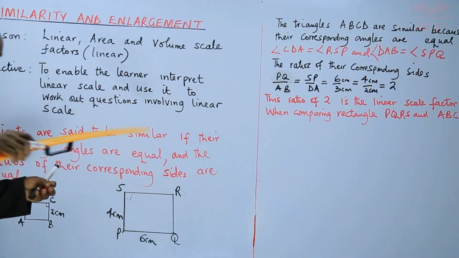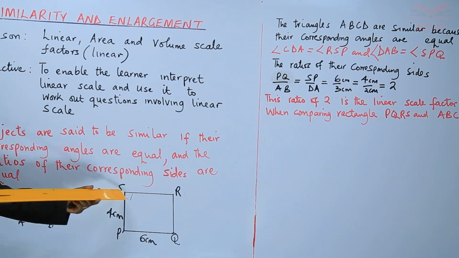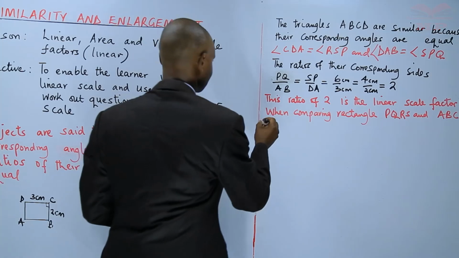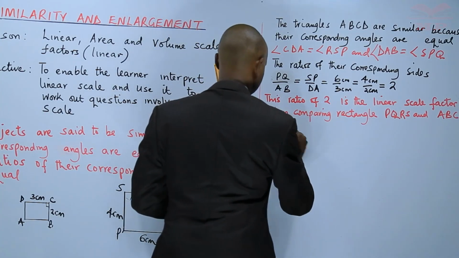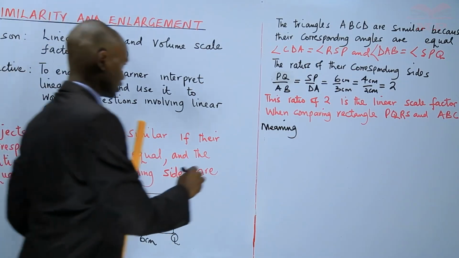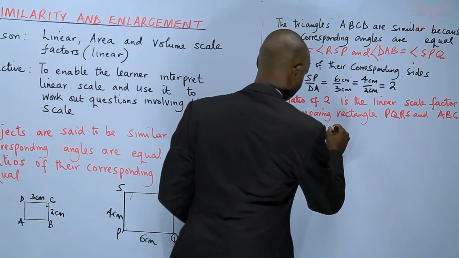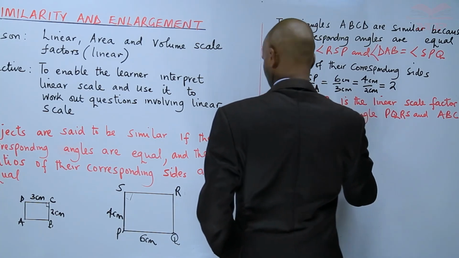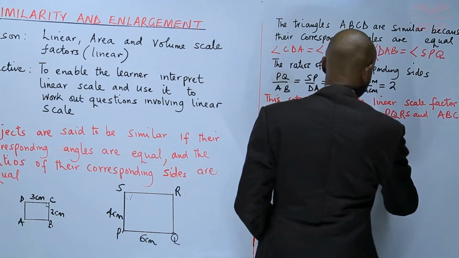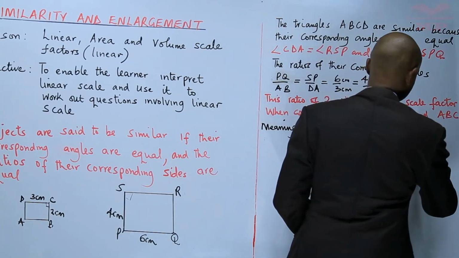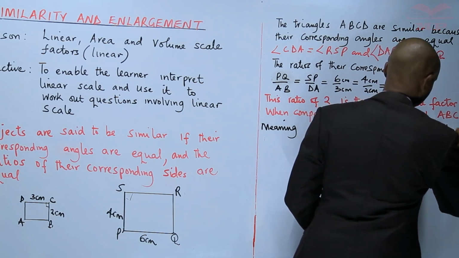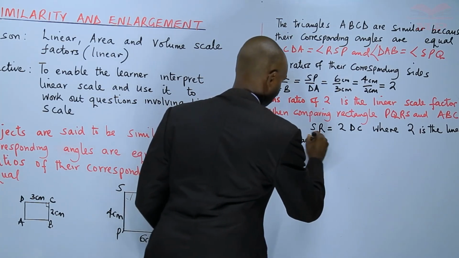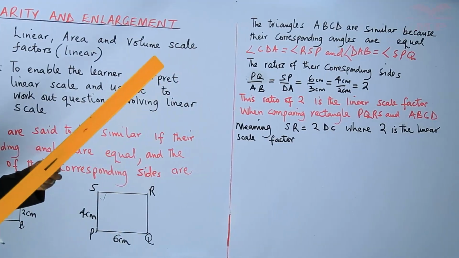If you compare the sides, like DC corresponds to SR, meaning SR is equal to 2 DC, where 2 is the linear scale factor.